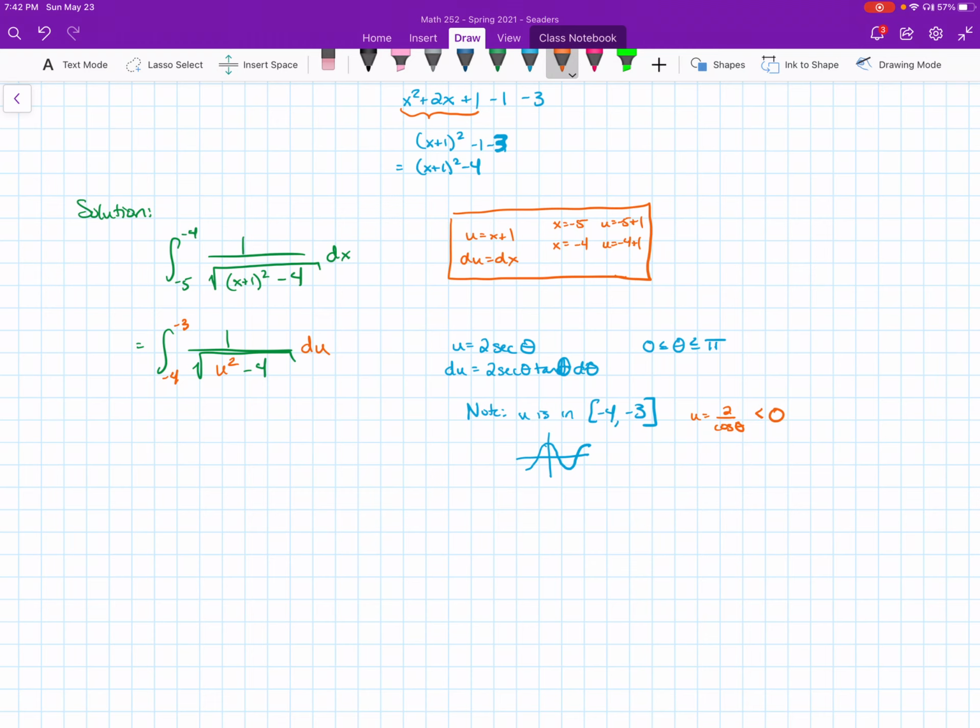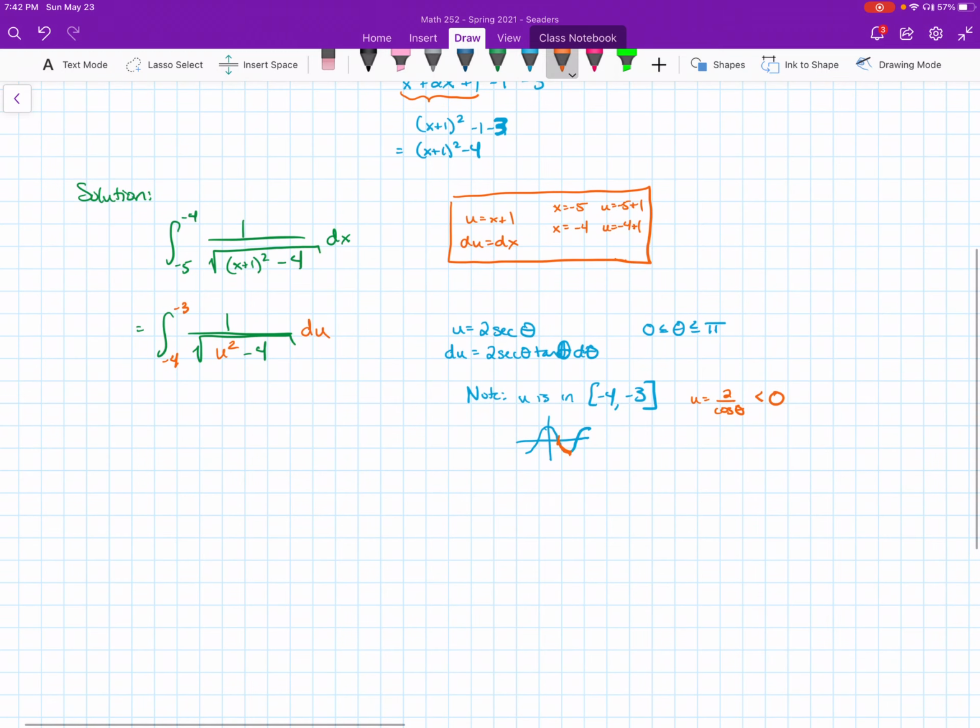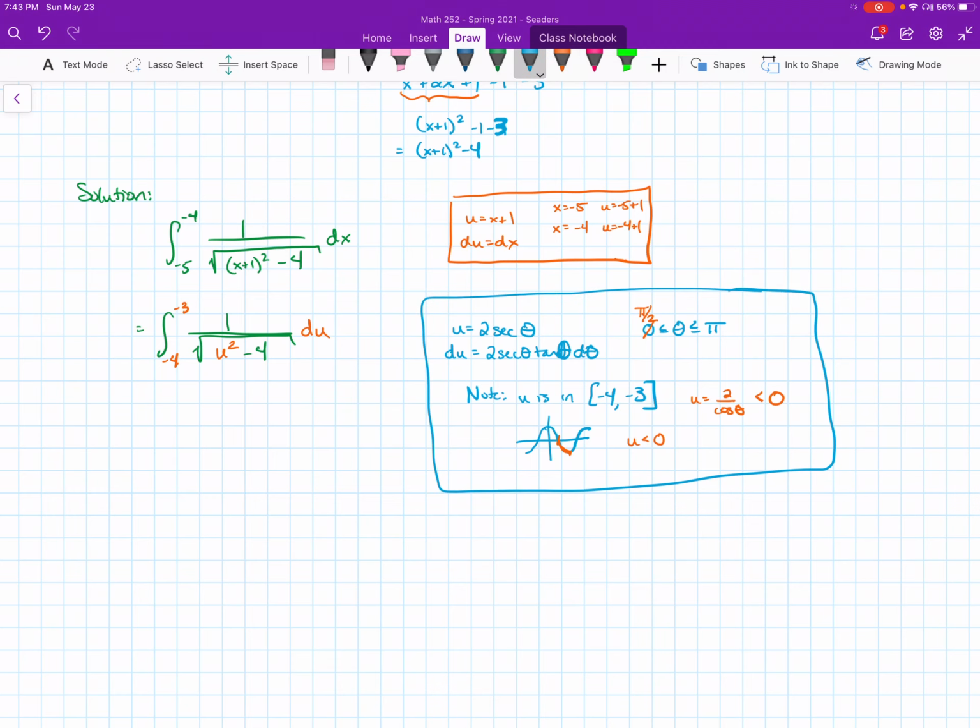The places where cosine is negative on 0 to pi is from pi over 2 to pi. So I only am going to allow my theta to be from pi over 2 to pi, because my u is negative. That'll come into play when we finally take the square root. Right now we don't need to worry about it.